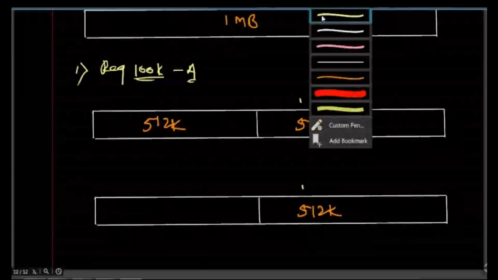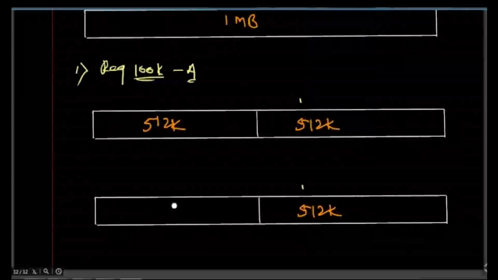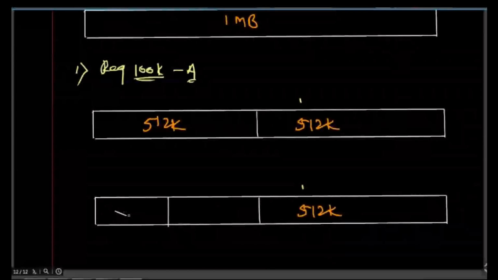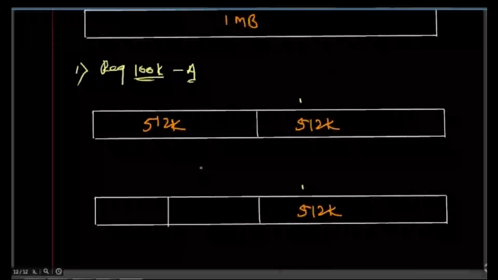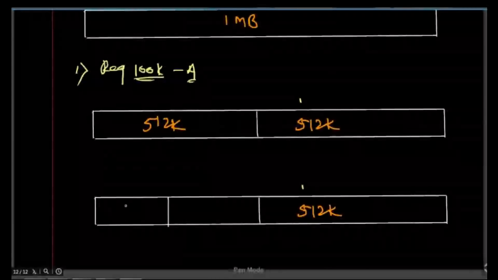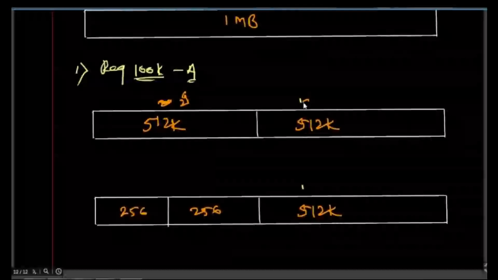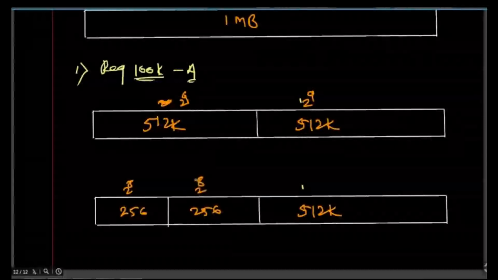So we will divide the left one. After dividing this into two equal sizes, one will be of 256 and 256, since 512 divided by 2 is 256. Or this is 2 raised to 9, then this will become 2 raised to 8 and 2 raised to 8.